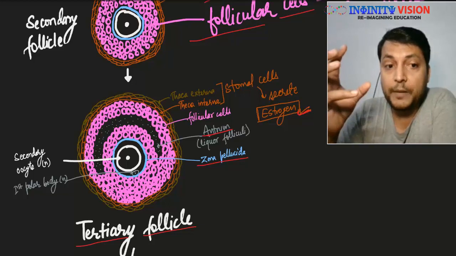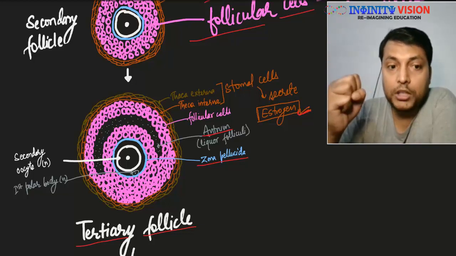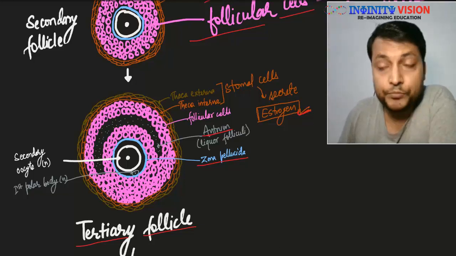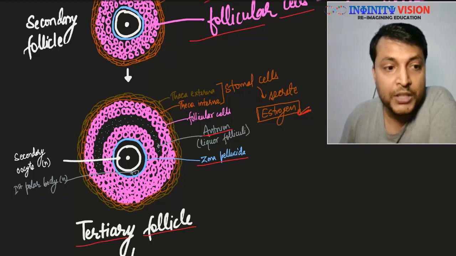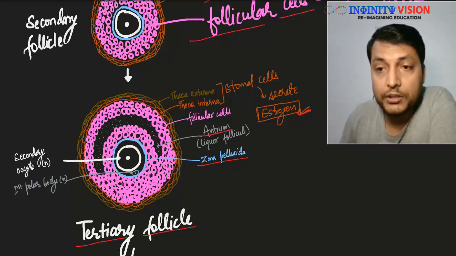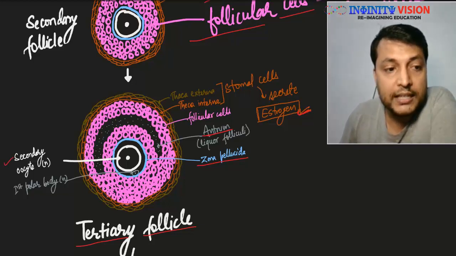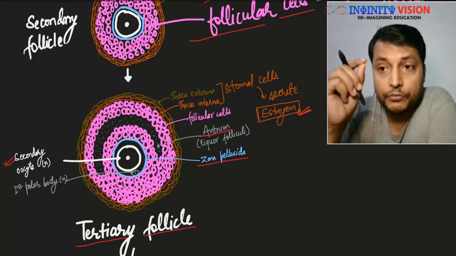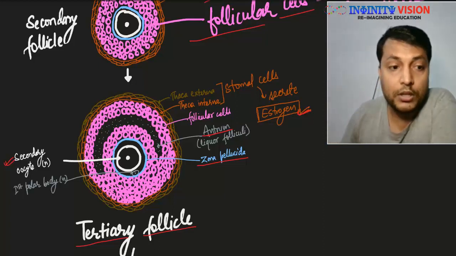One will be larger and the other smaller. Both will be haploid. The larger haploid daughter cell is called secondary oocyte, and the second, smaller daughter cell, which is also haploid, is called the first polar body.